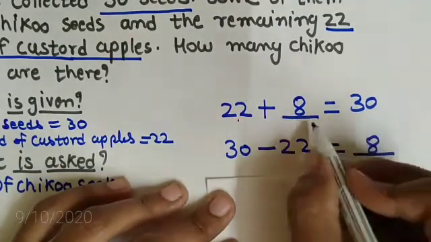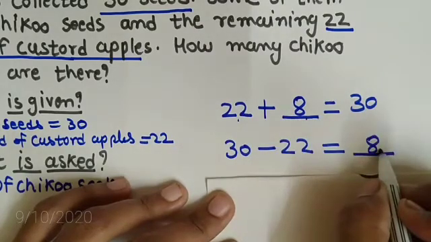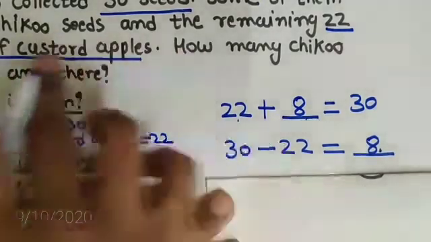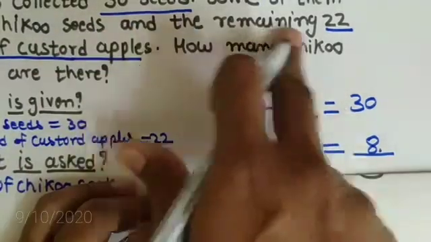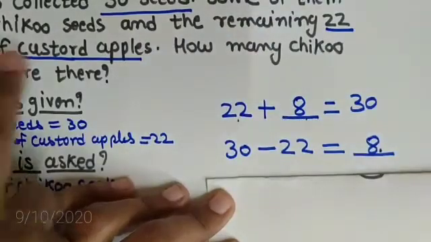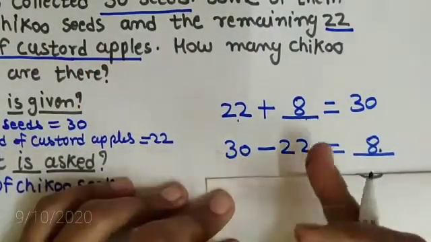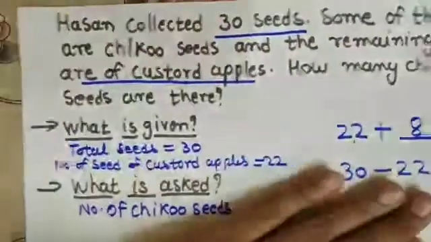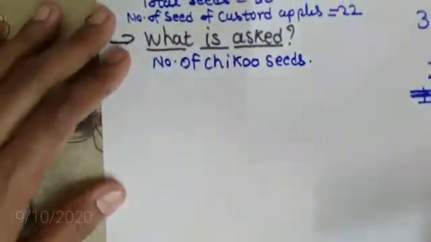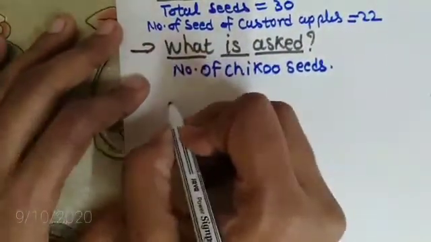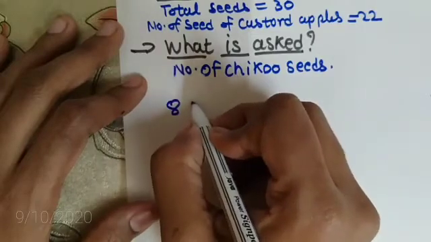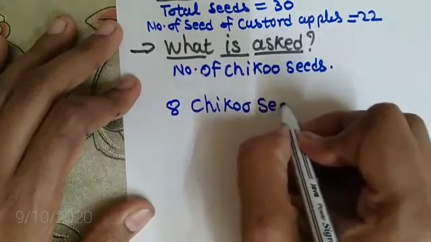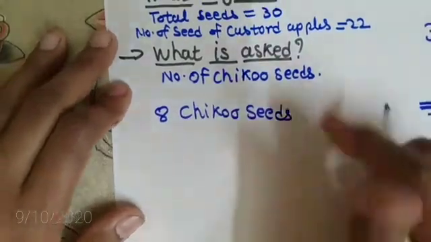That is 8. We will get the other number, that is 8. Means 8 chiku seeds and remaining 22 are custard apples. 22 plus 8 equal to 30 seeds. So we will write here 8 chiku seeds are there.